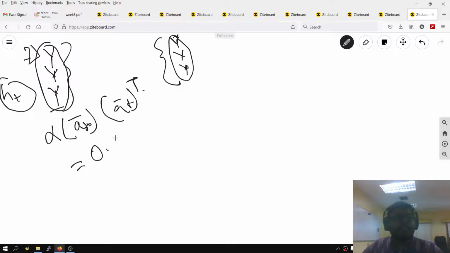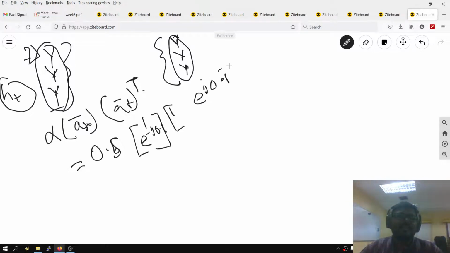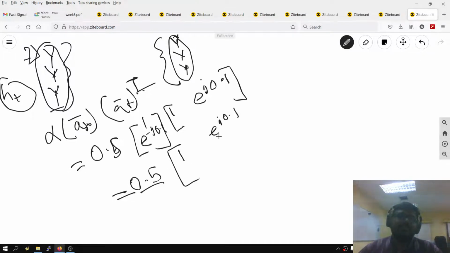It is given alpha is equal to 0.5, and a_r is equal to 1, e to the power minus j 0.1, and a_t is 1, e to the power j 0.1, as it is a transpose here. So this becomes 0.5 times the matrix with 1, e to the power j 0.1, e to the power minus j 0.1, and the last term here becomes 1.